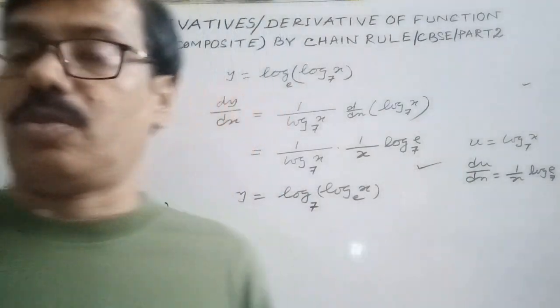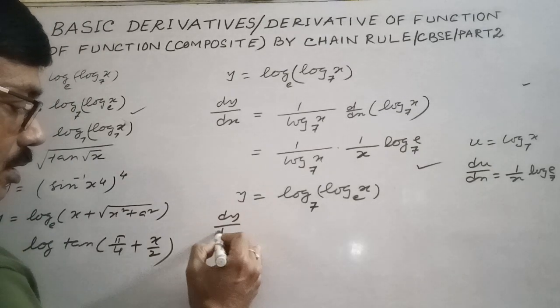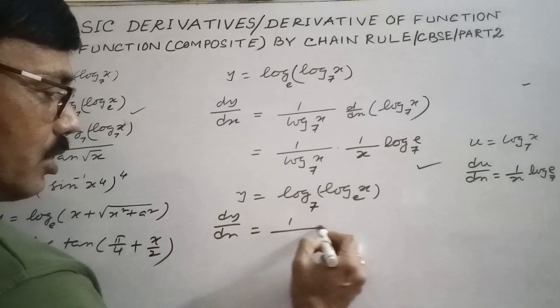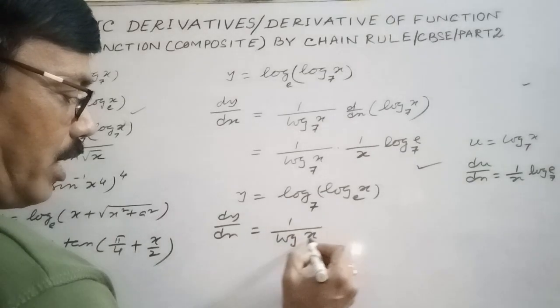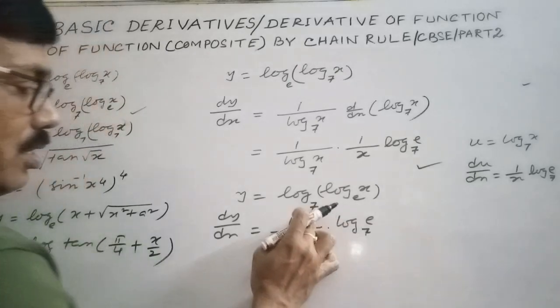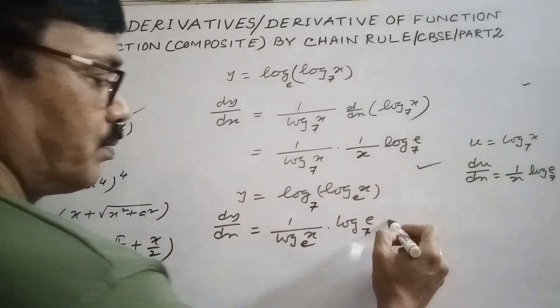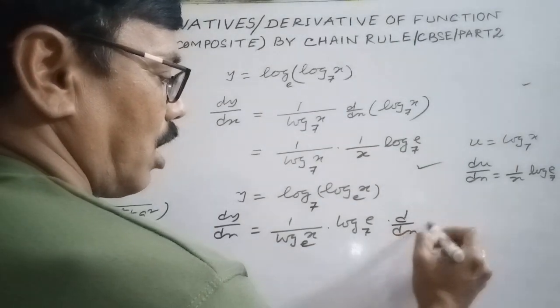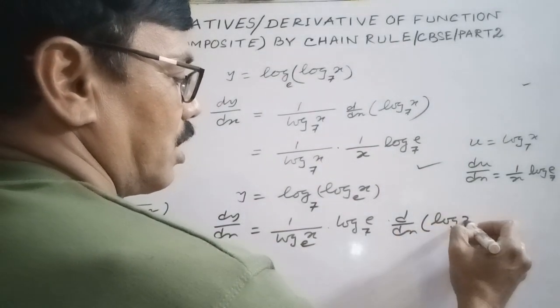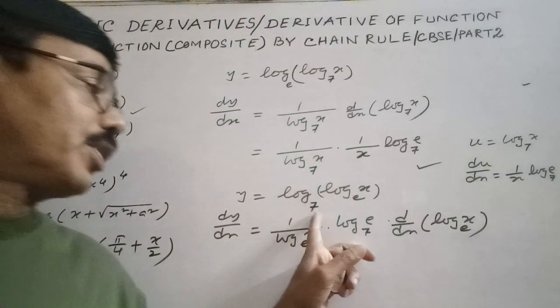So what is dy by dx? 1 by x, what is x? Log x base e into log e base 7. Since base is 7, you have to multiply this one. Then d/dx of argument. What is argument? This one.